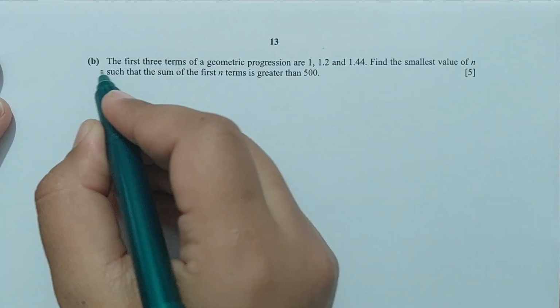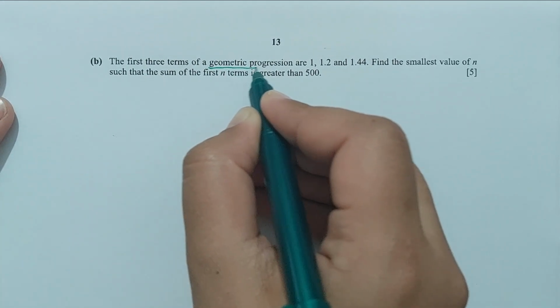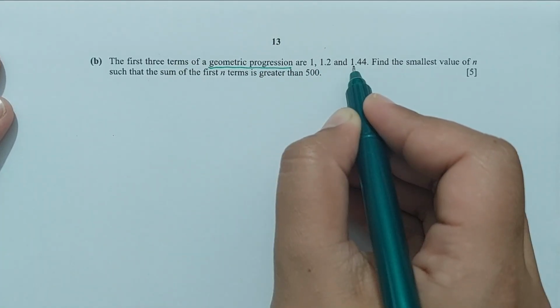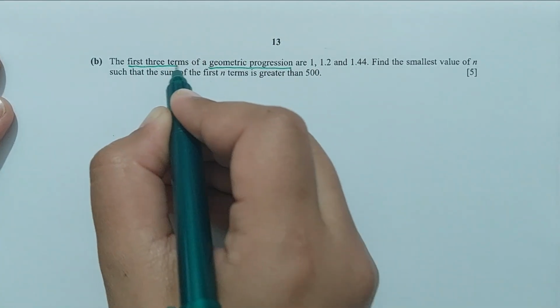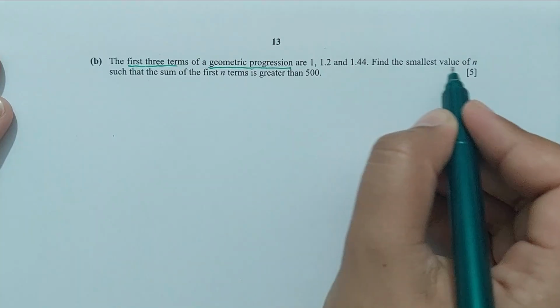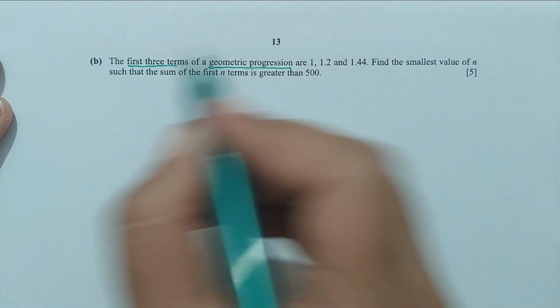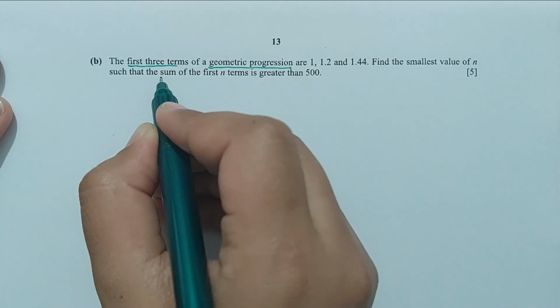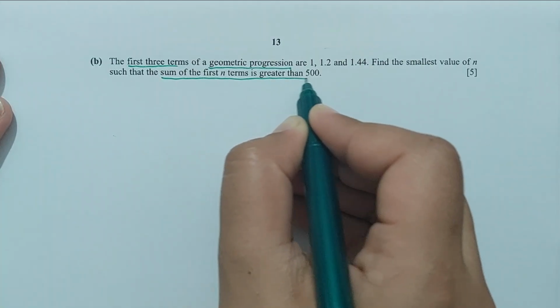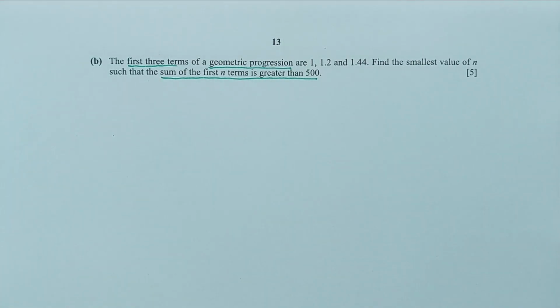Now for part B, the first 3 terms of a geometric progression are 1, 1.2, 1.44. These are the first 3 terms. Find the smallest value of n such that the sum of the first n terms is greater than 500.